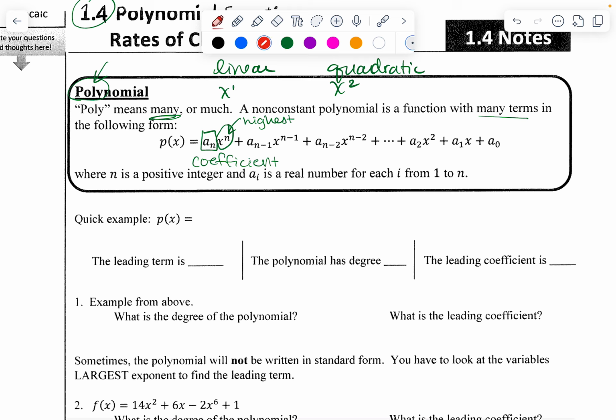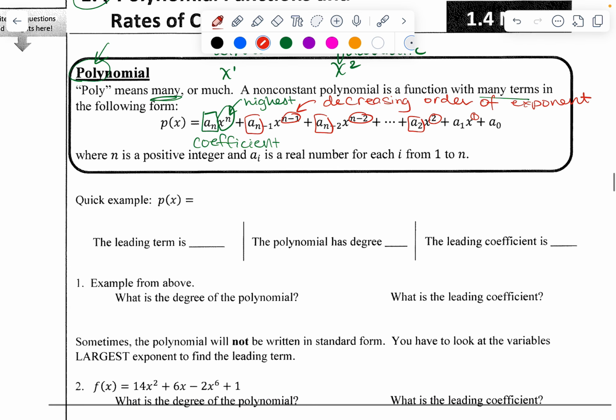We also see here the rest of these exponents are always in decreasing or descending order. So it's a decreasing order of the exponents. And all of these are coefficients, but they're just not leading coefficients because it's not on the highest exponent, okay?